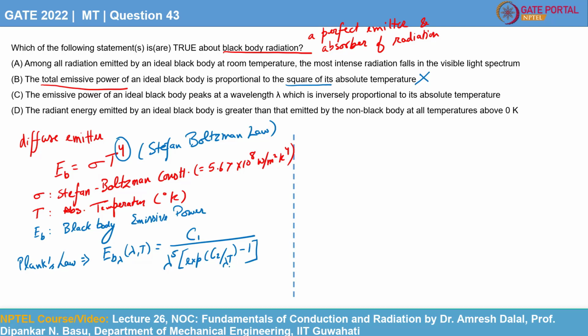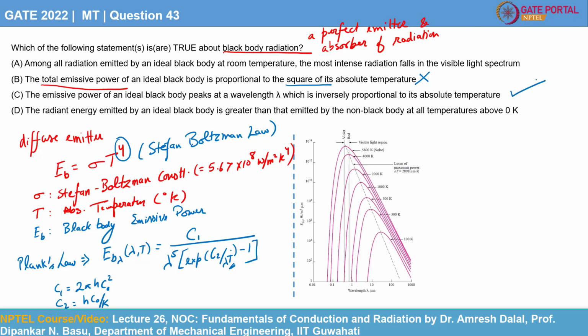C1 and C2 are constants. k is the Boltzmann constant, h represents the Planck constant, c represents the speed of light. Now, if you look at this relation, you will find that the emissive power of an ideal black body peaks at a wavelength lambda which is inversely proportional to its absolute temperature. So this statement holds good.